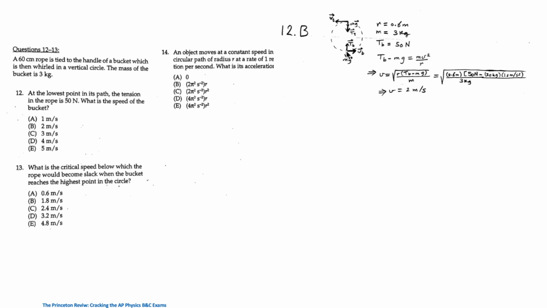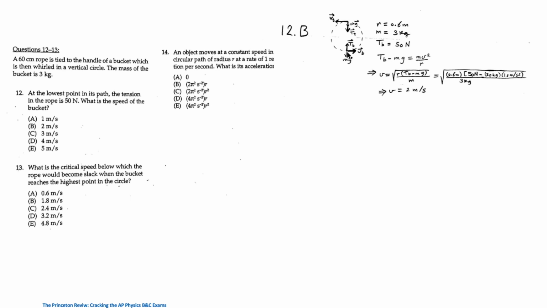So this is the free body diagram for the bucket at the lowest point, where the tension and weight are in opposite directions, and at the top the tension and the weight are in the same direction. Note how the tension here is different than here, and also the speed of the bucket is different at the lowest point and at the top.